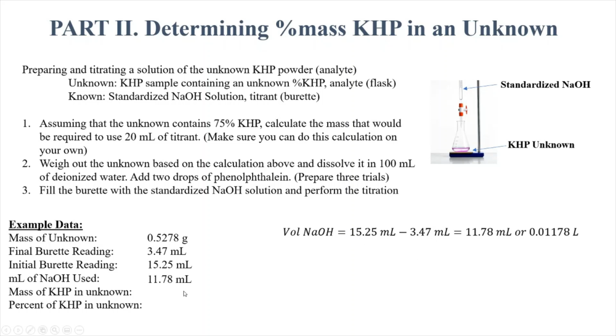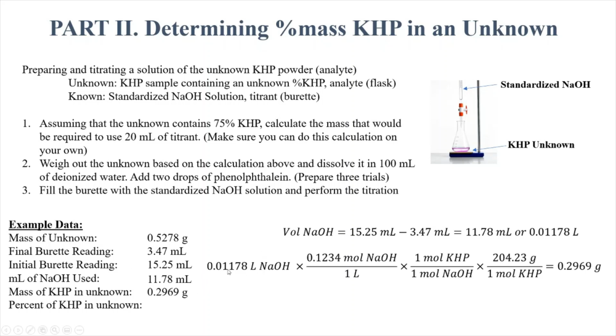Now, the reason why we need the volume of NaOH that's used is because if I know the volume of NaOH, I can use the exact concentration that I measured from my previous sample data to come up with the number of moles of NaOH. So we have 0.01178 liters of NaOH, and from my sample data, I had 0.1234 moles of NaOH per liter.